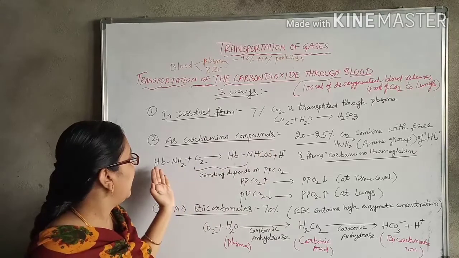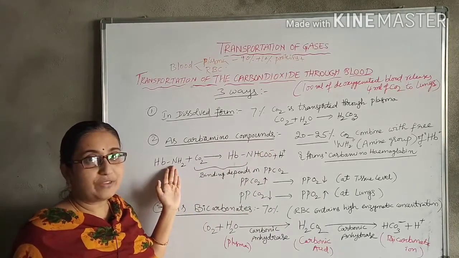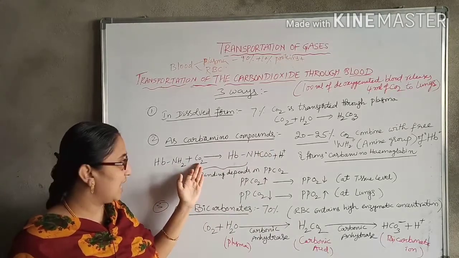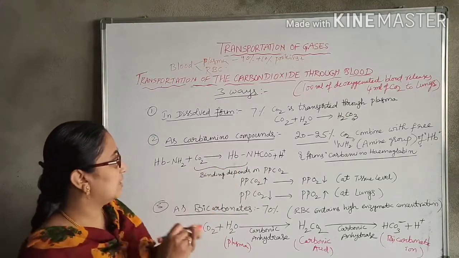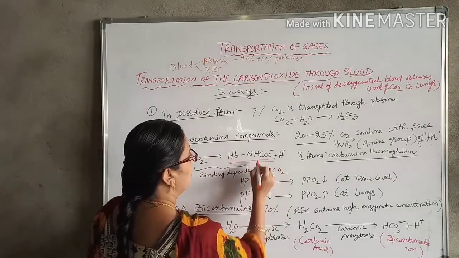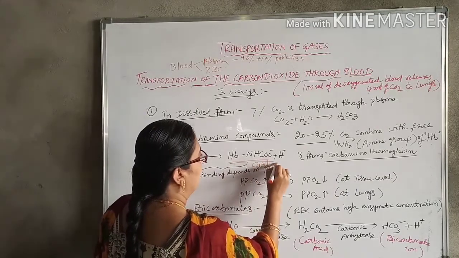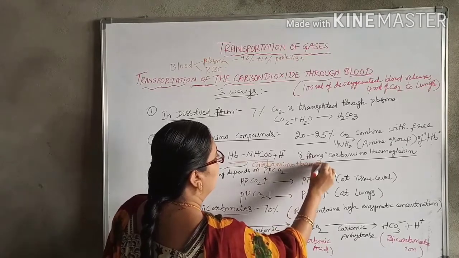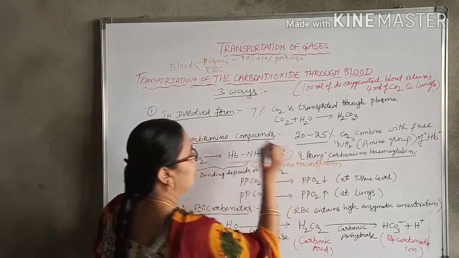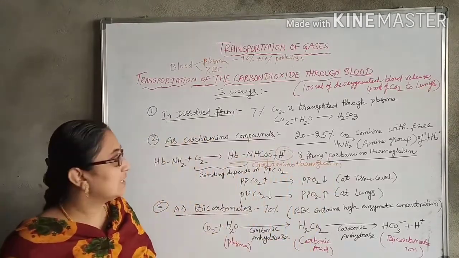Here the amine group of the hemoglobin combines with the carbon dioxide and forms carbamino hemoglobin. So this is called carbamino hemoglobin, and here one H plus ion is released.